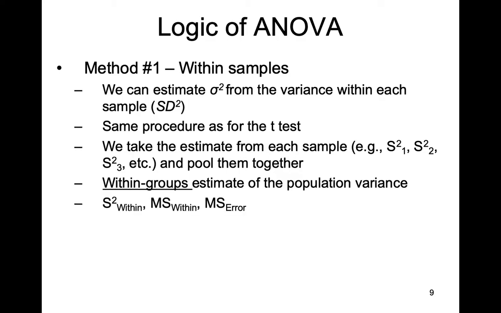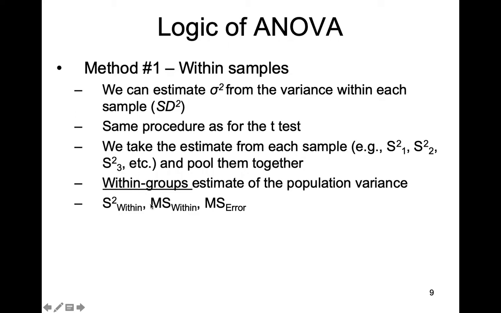Unfortunately, analysis of variance has several terms and several symbols. And it's also unfortunate that different symbols in this case mean the same thing. So, to stay consistent with notation and terminology that we've been using throughout this course, we're going to use S squared within to designate our estimate of population variance figured using this within samples method.